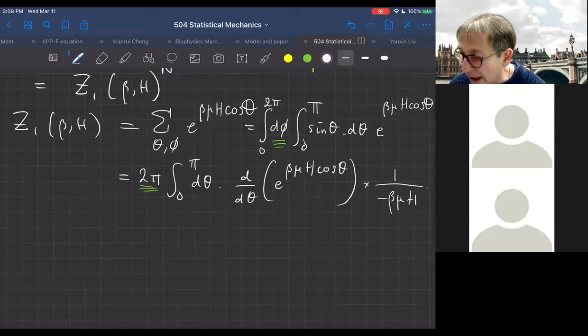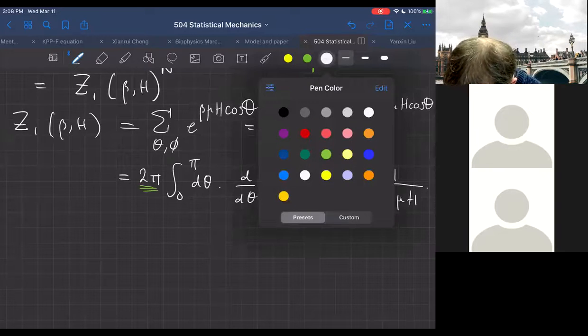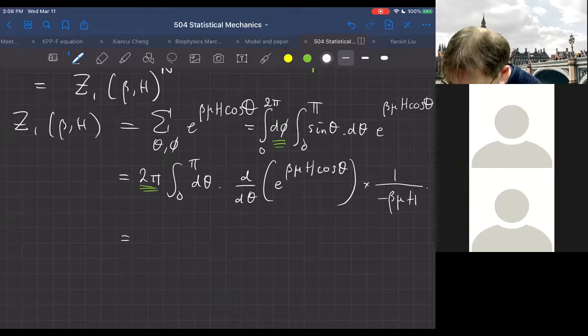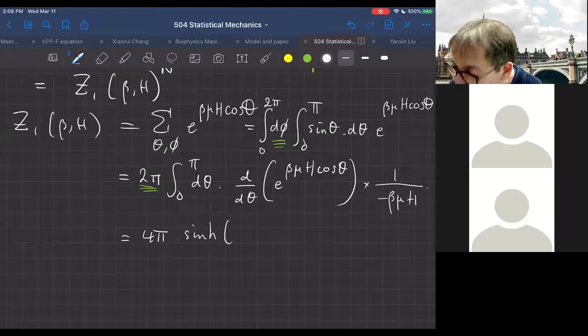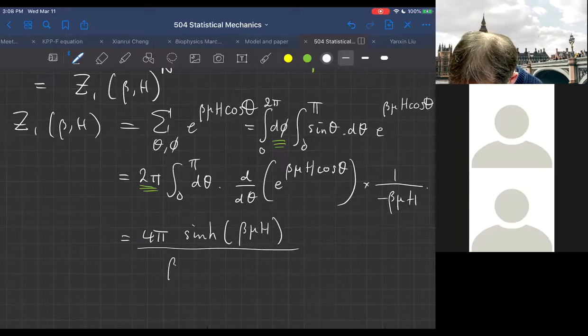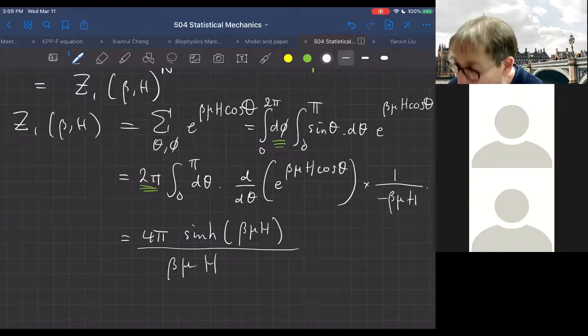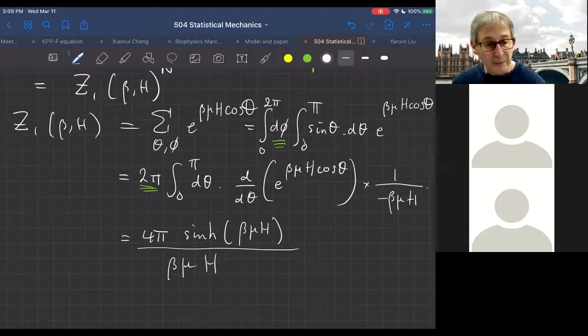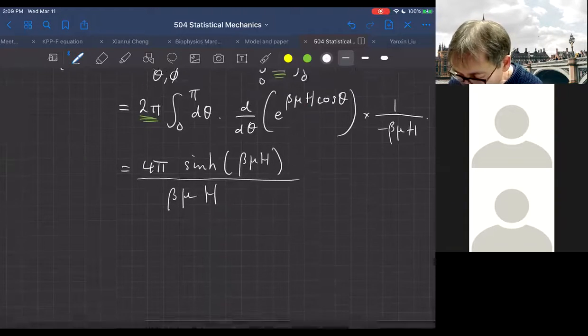And then because this is now a perfect derivative, I can just straightforwardly write out what the answer is. So this then is just going to be 4 pi times the hyperbolic sine, so sinh, of beta mu h divided by beta mu h. So that's the partition function for one spin.